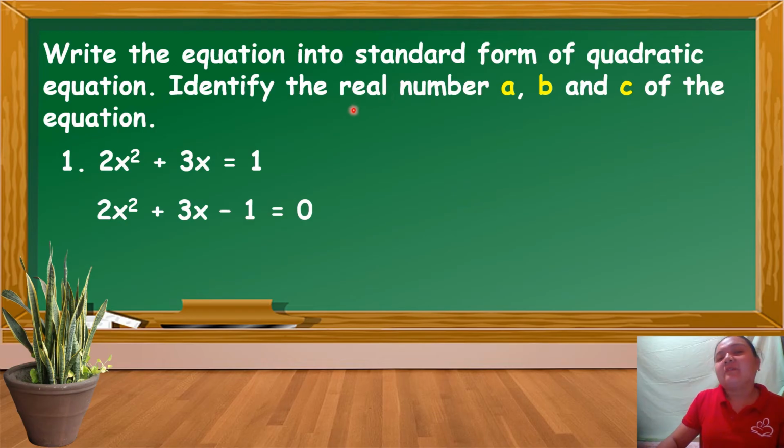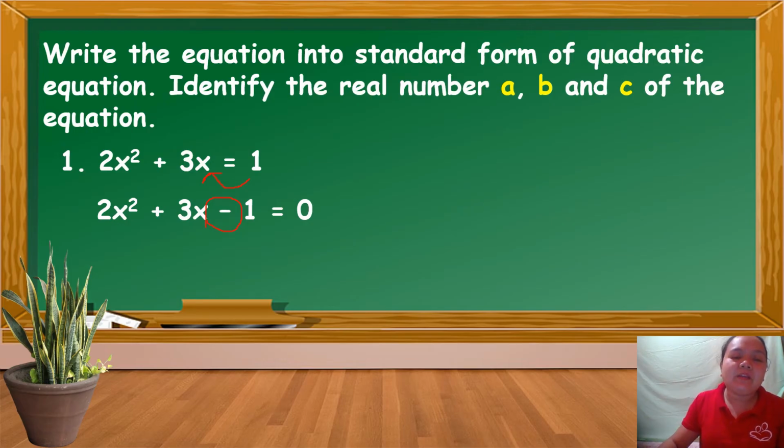But before tayo maka-identify sa a, b, and c, kailangan ang ating equation is naka-arrange siya sa standard form. So, to arrange this into standard form, we have 2x squared plus 3x minus 1, naging minus 1 because we transpose this to the left side of the equation.